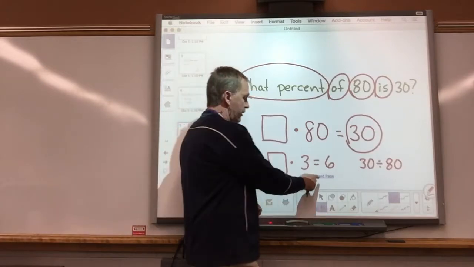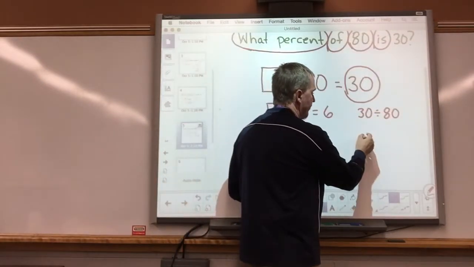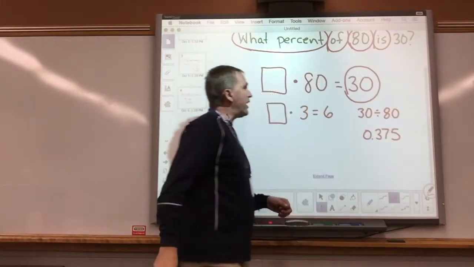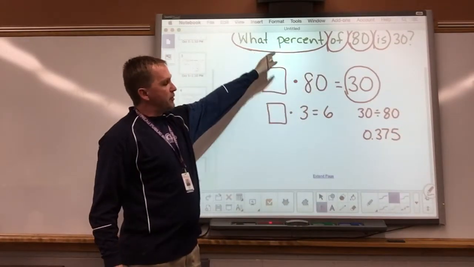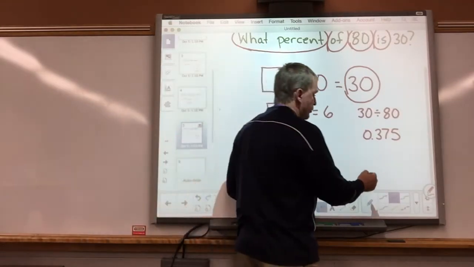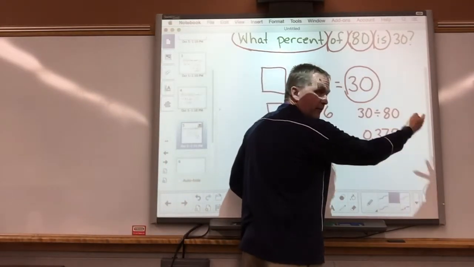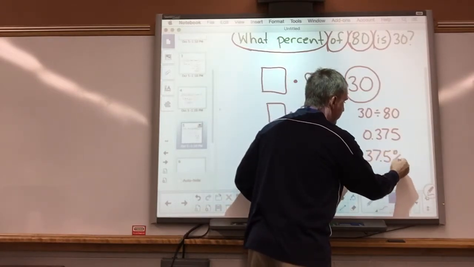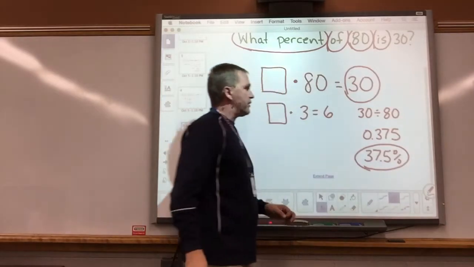And in this case, when you divide them, 30 divided by 80 is 0.375, but we were asked about what percent, and hopefully we can convert a decimal to a percent by sliding it 2 spots to the right, and saying that this would then be 37.5%.